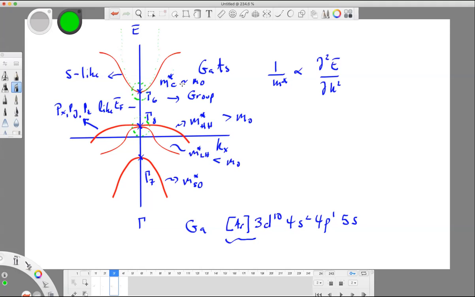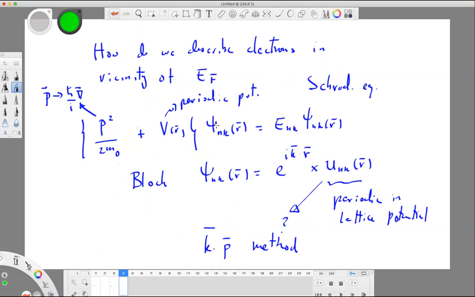So we want to describe what this effective mass is going to be, in the vicinity of this point. This is a technique that's made to address that problem specifically.